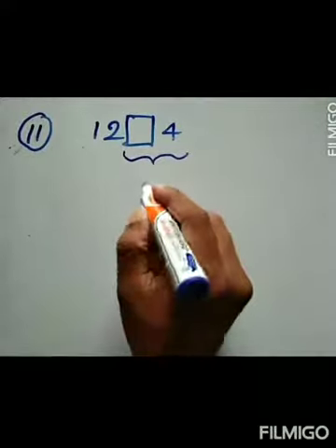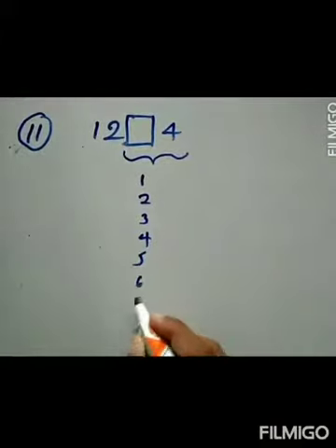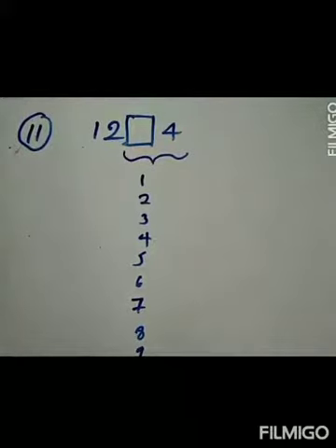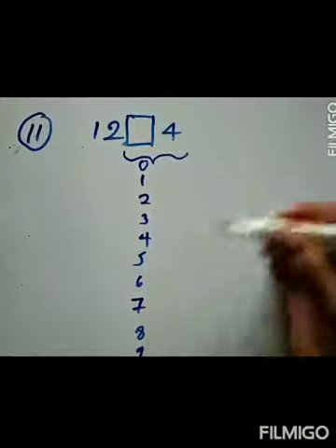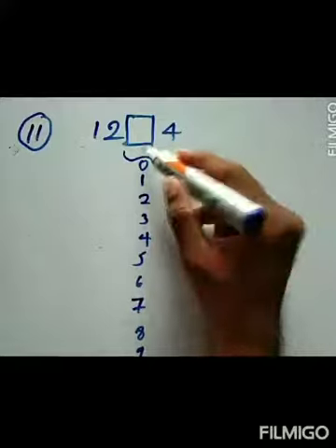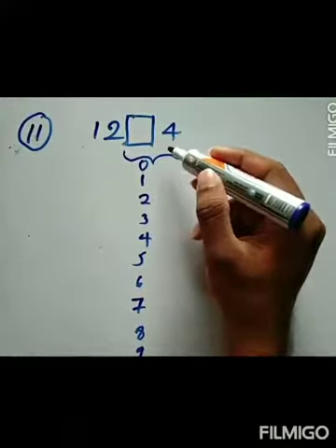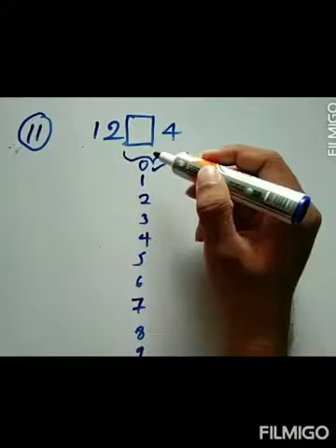So if you consider 1, 2, 3, 4, 5, 6, 7, 8 and 9, again you can consider 0 also, right? From here these numbers, if you put 0 here, the last two digits are divisible by 4, so you can take 0 as a digit for the blank.